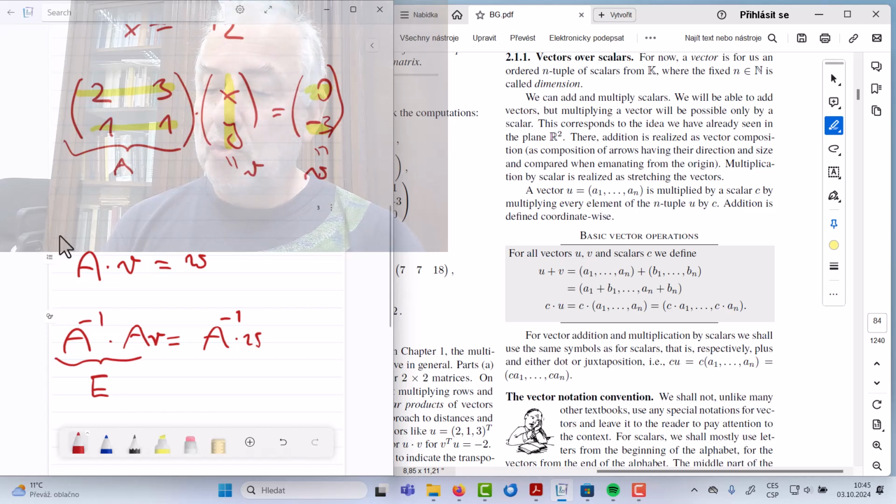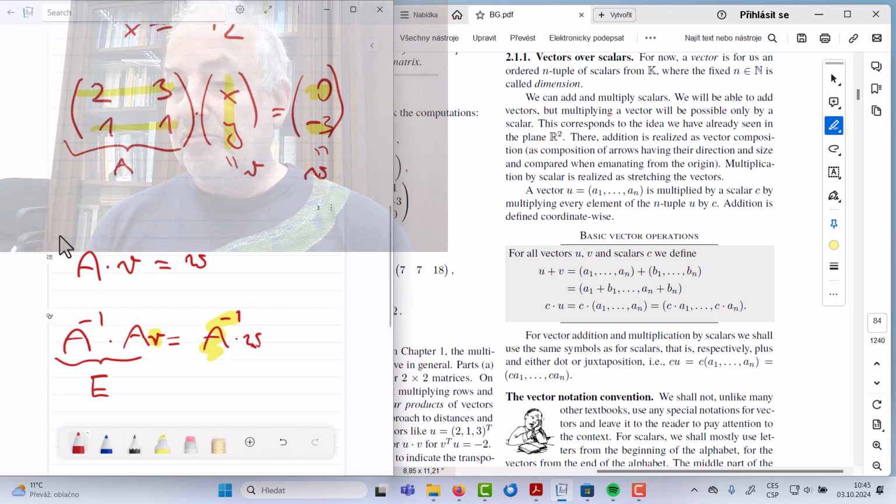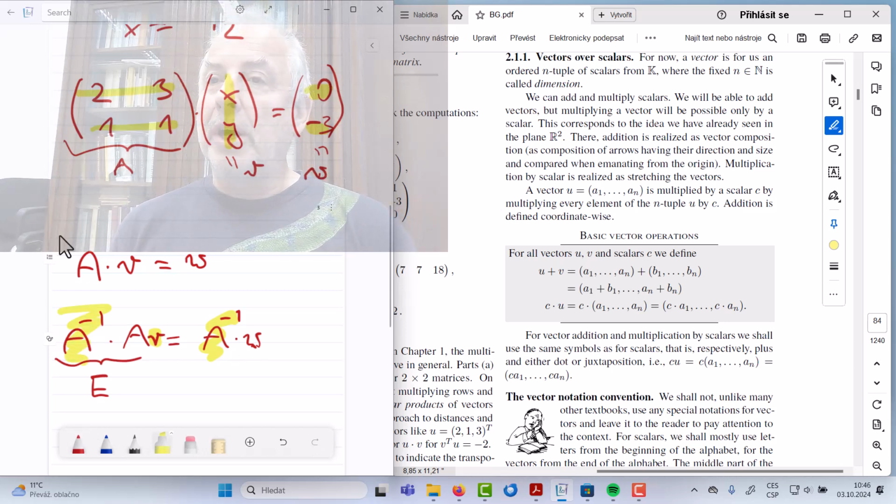So as soon as we know this matrix, we simply compute the V, because E times V will be V, by this simple manipulation, right? And one of the goals of the next pages is to learn how to do this computation and how to decide about the existence of the inverse for general scalars.